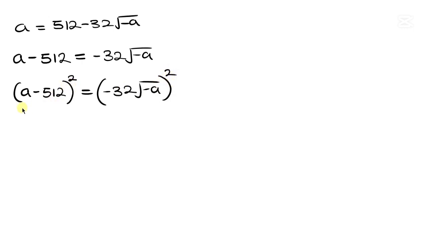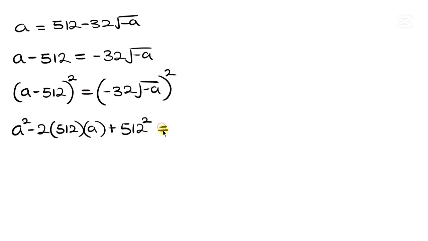Now, expanding the left-hand side, I have a squared minus 2 times 512 times a, and then plus 512 squared. Remember how we expanded this from our previous slide? This is exactly the same thing that I've done here.